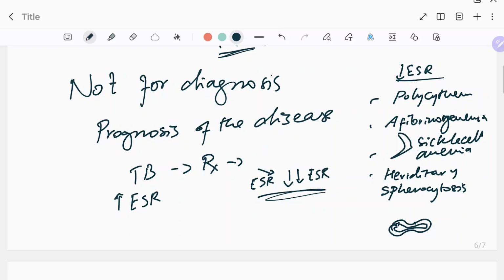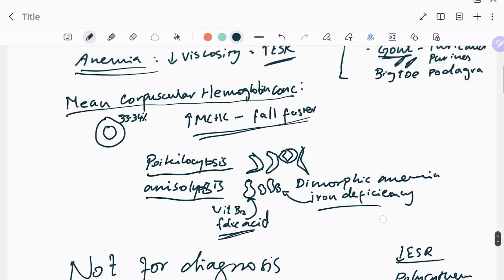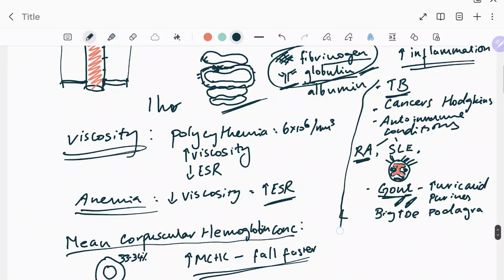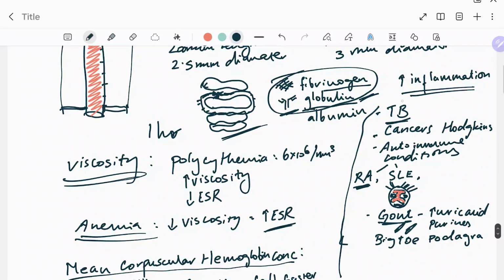Okay, so we've done a good job over here, and it's been very interesting to teach this. Causes of increased ESR: TB, cancers, especially Hodgkin's lymphoma, autoimmune conditions like RA, SLE, gout, and then conditions like pregnancy, because it causes an increase in plasma proteins.